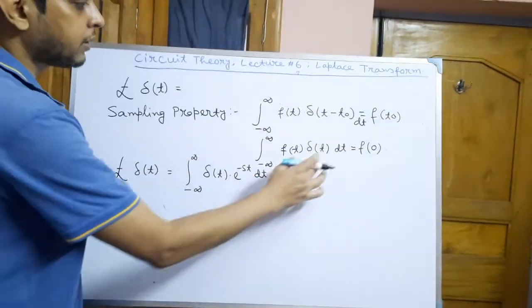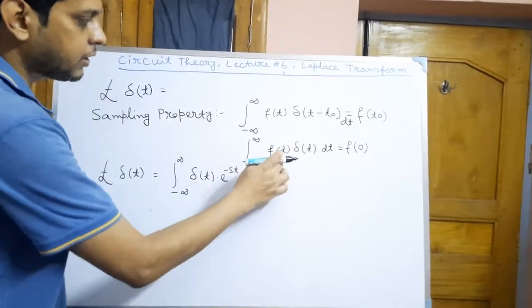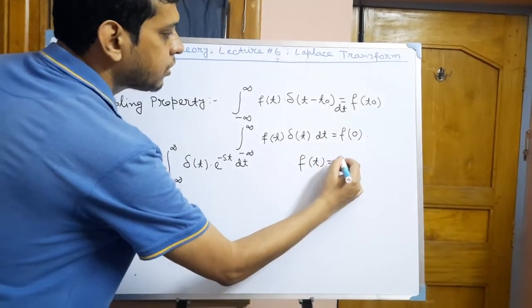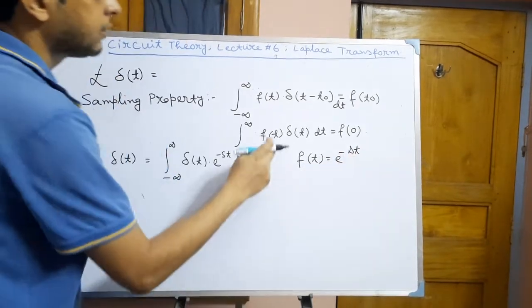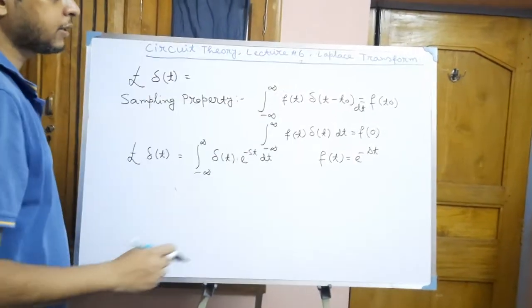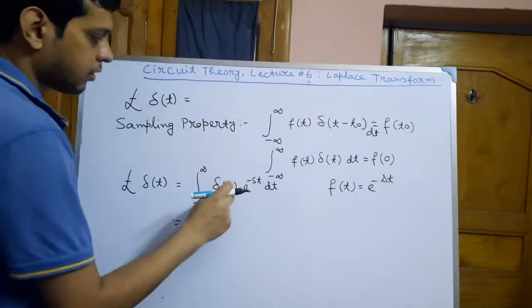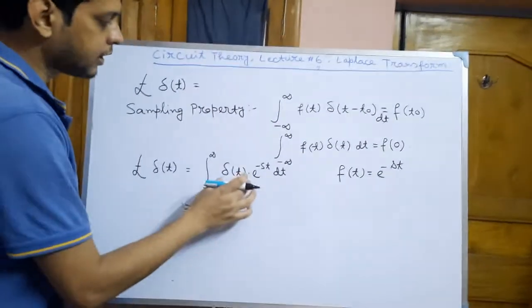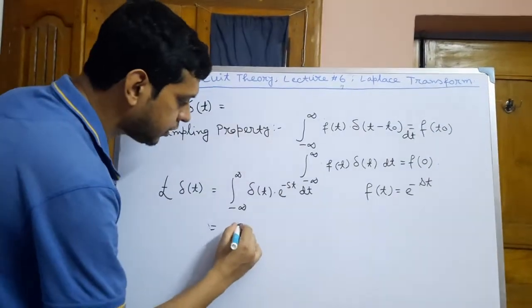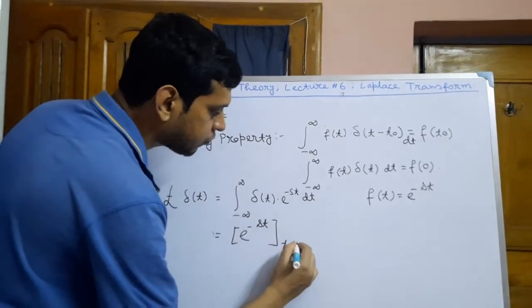Now let us compare these two integrations. Comparing them, we can say that f(t) equals e to the power minus st. Here we have f(t), and here we wrote e to the power minus st. So the value of the result of this integration will be f(0), or e to the power minus st at t equal to 0.